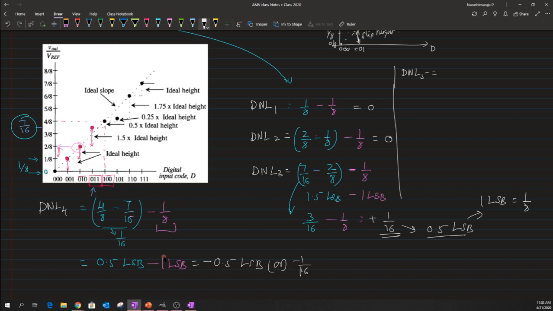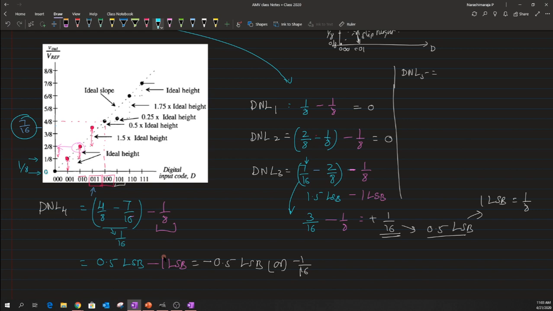So again when I feed in a value of 5, we are getting an output that is equal to 4 by 8 plus 1 by 24. So again it's a height value, in terms of LSB I can write it. So the height difference between the previous point and this corresponding new point will be equal to, I'm just writing the height value again, I'm not trying to write the value that I'm reading when I have a digital input of 3 minus the digital input of 2.